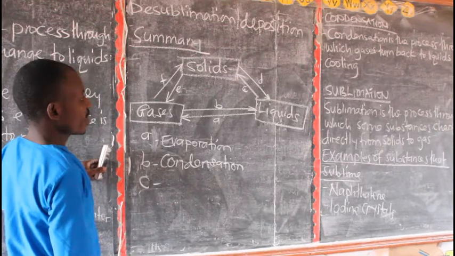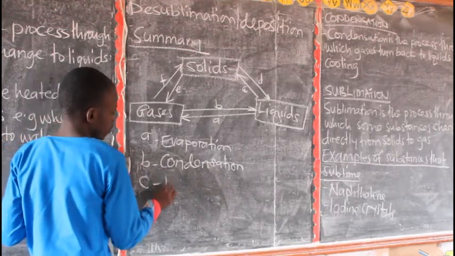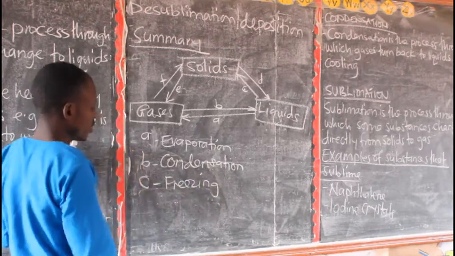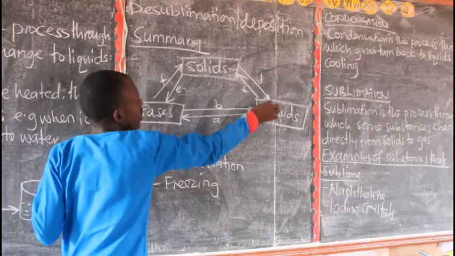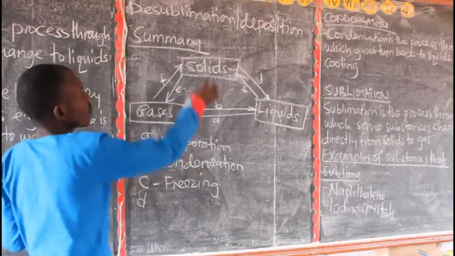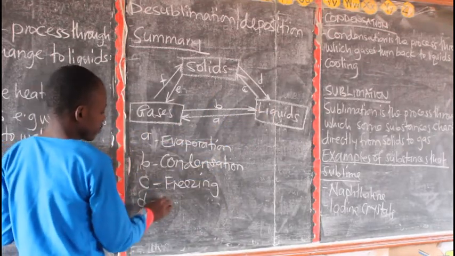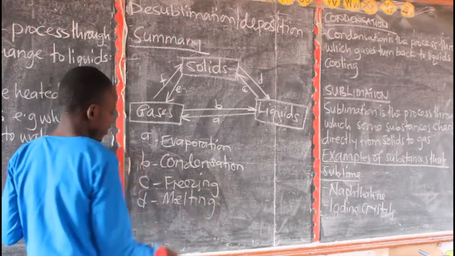Then C, liquid into solid. When the liquid changes into solid, we say it is freezing. Then D, with D we are seeing solids converting into liquids. When solids change into liquids, that is melting.